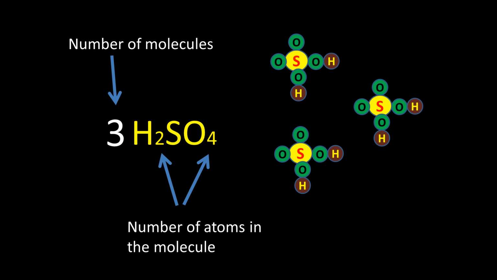So it was the number of those elements, the number of atoms. The larger number out in front, that number 3, what's called the coefficient, is the number of total molecules, or the number of ham sandwiches. So remember that the front number is the number of total molecules, and the smaller numbers are the number of individual atoms of each element.